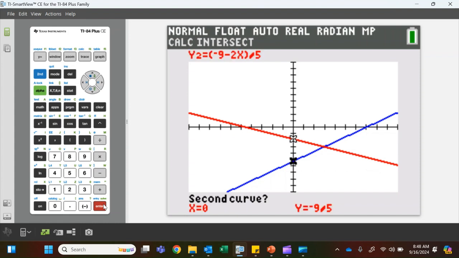I'll hit enter on the first curve, enter on the second curve, and then get close to the guess point and hit enter a third time so that it will find my point of intersection. Here my point of intersection is x equals 3 and y equals negative 3. So the answer to my system of equations is x equals 3 and y equals negative 3.